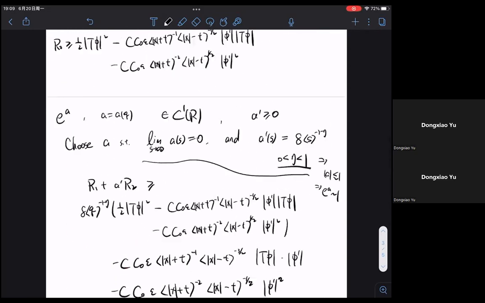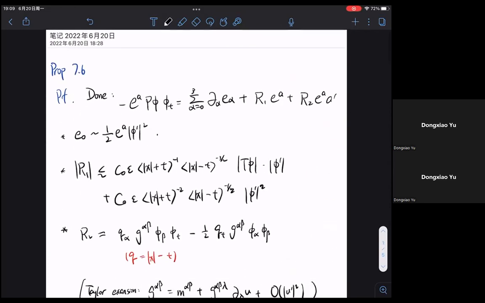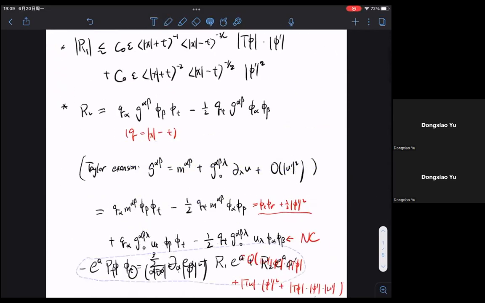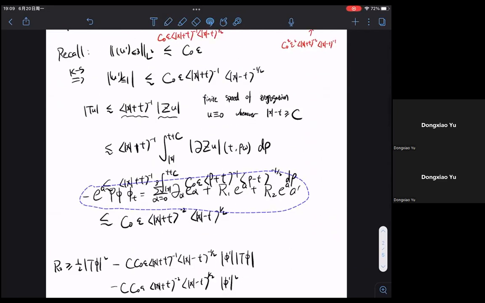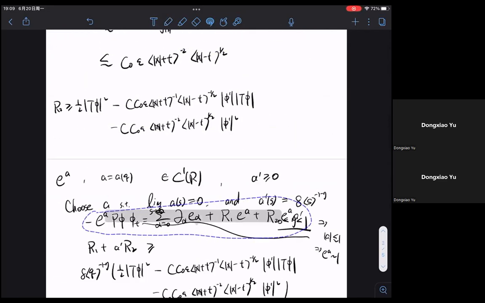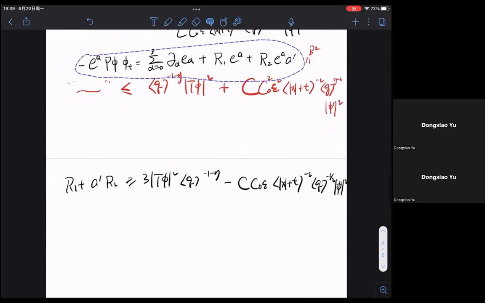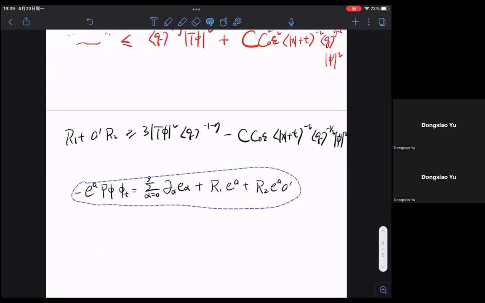So we have proved, so let me just go back to this estimate here. Let's go back to this formula.